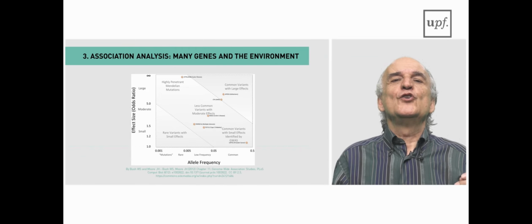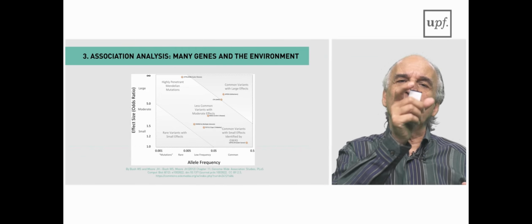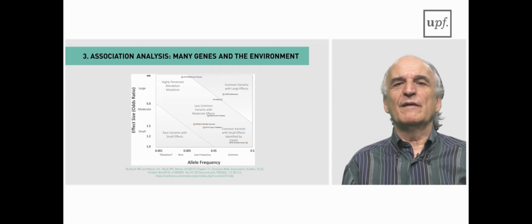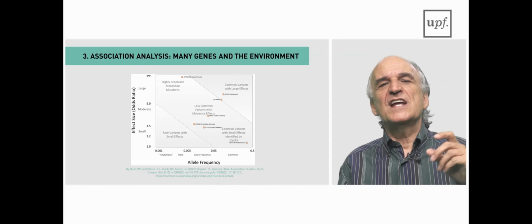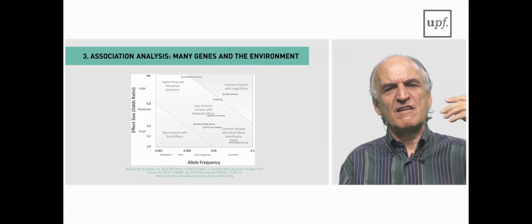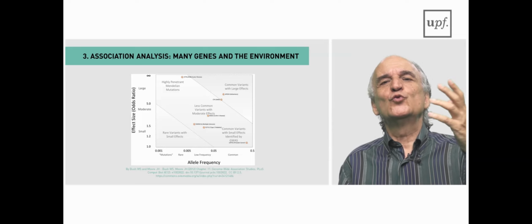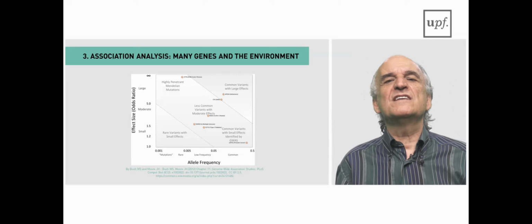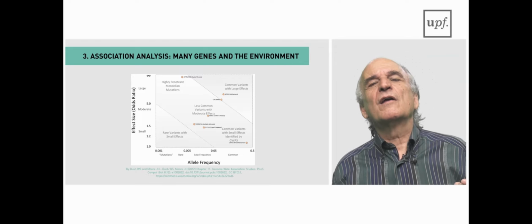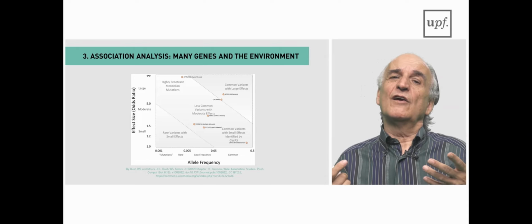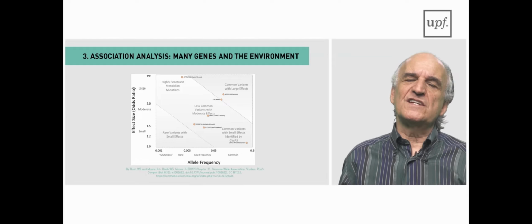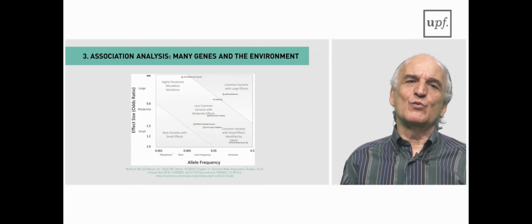Here in this plot you can see some of the examples in the diagonal, going from the top left to the bottom right, and in this case you can see from the clear monogenic to the very complex cases in which the variants that are at high frequency may account for diseases that are also at high frequency.